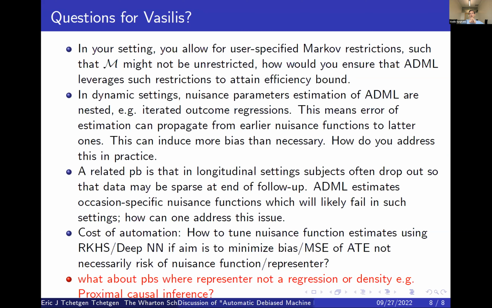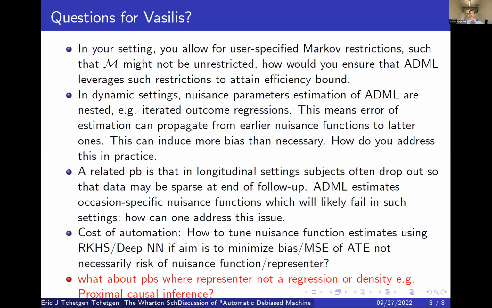For instance, one very prototypical example is if you assume that your regression function is partially linear, then you need to minimize Riesz representers over partially linear functions, so that are linear in the treatment or something.